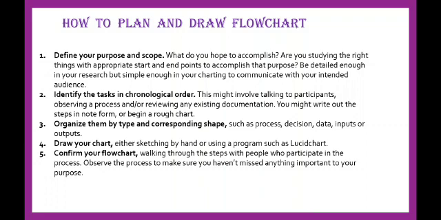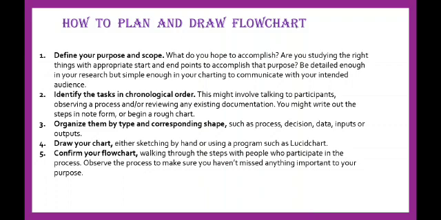Next, identify the tasks in chronological order. Begin by listing all the tasks in a process in this order. Participants will ask questions like what happens next in this process, or do you need to make a decision before the next step, or what approvals are required before you move on to the next task, and so on.